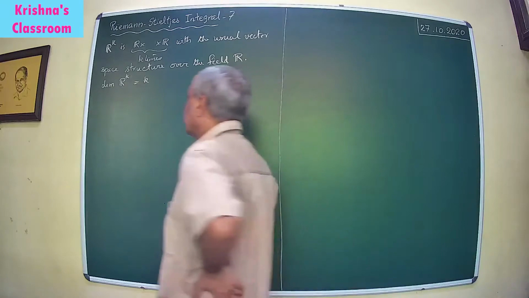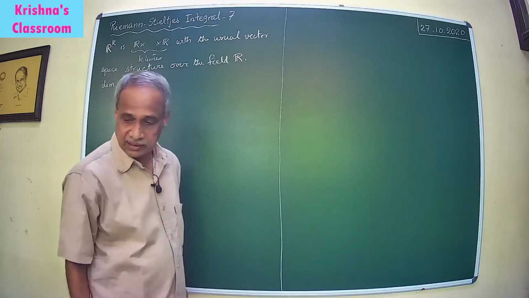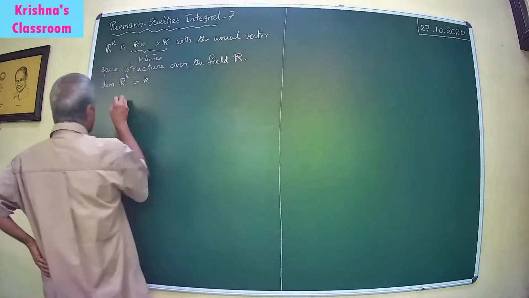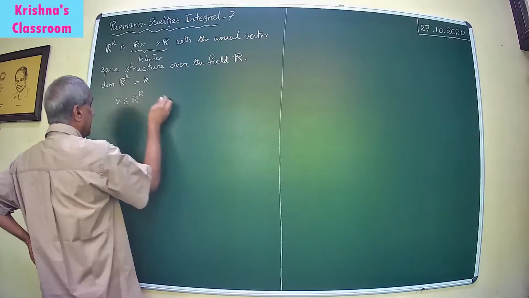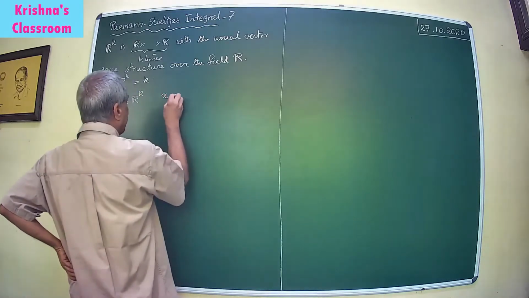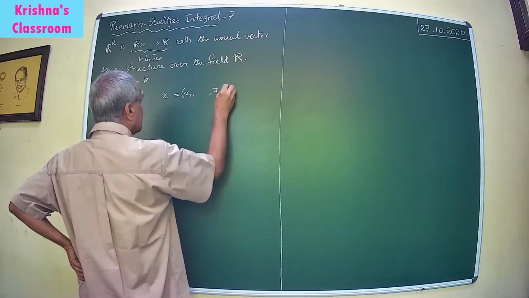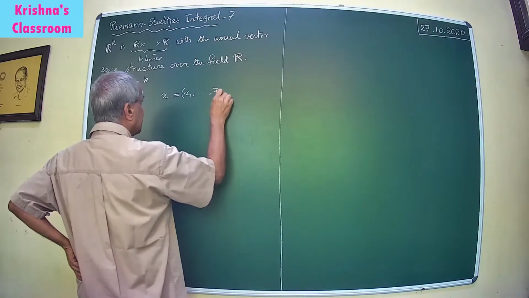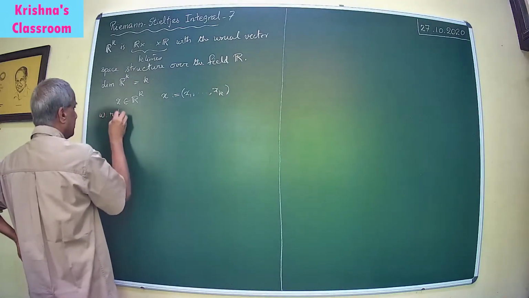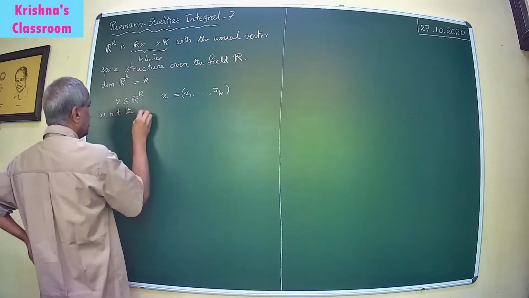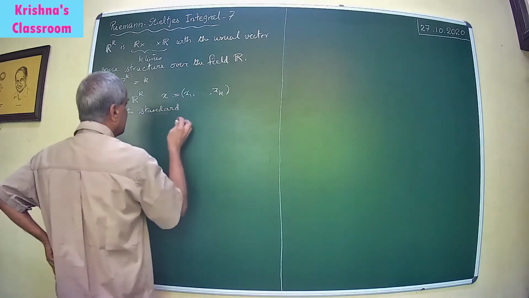Now a vector x in Rk can be written in terms of its components x1 to xk with respect to the standard basis.